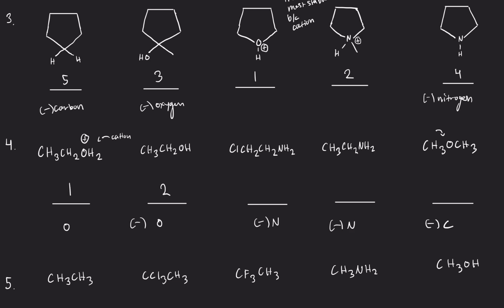Of these 2, this one on the left has a chlorine, and the one on the right does not. So the one on the left will have the inductive effect, which is good for our conjugate base because it will stabilize the negative charge. So this will actually be 3. This will be 4. And that will be 5.